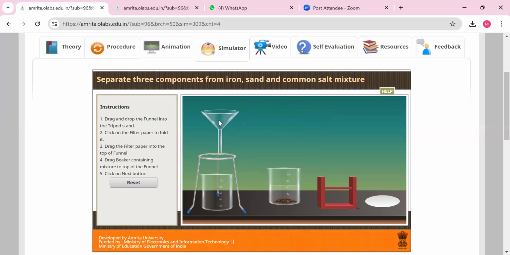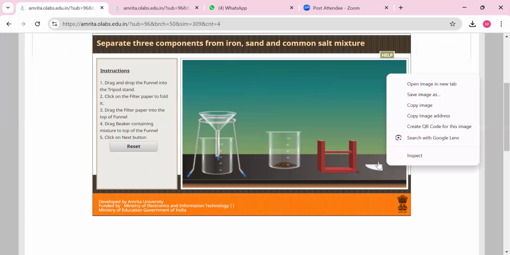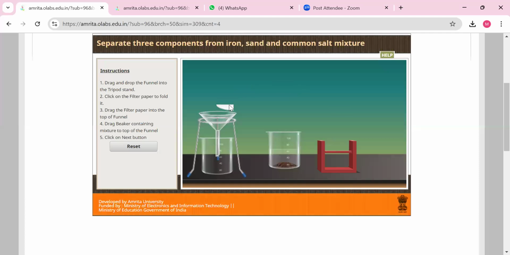I'm going to take the funnel, place the beaker on the stand, and fix the paper in the funnel. It is cone shaped. I'm going to pour the water into the paper. This is called filter paper.